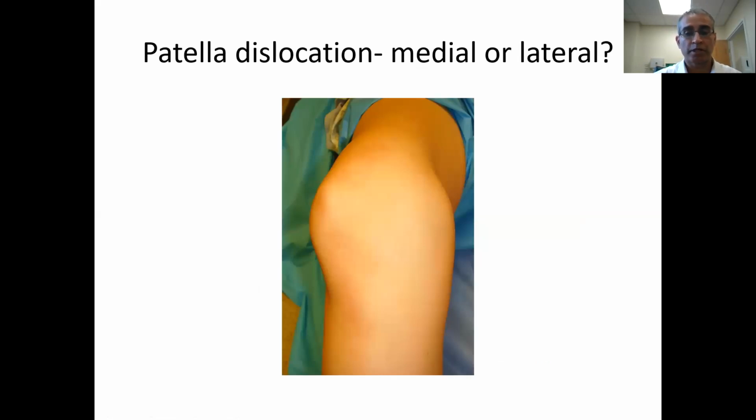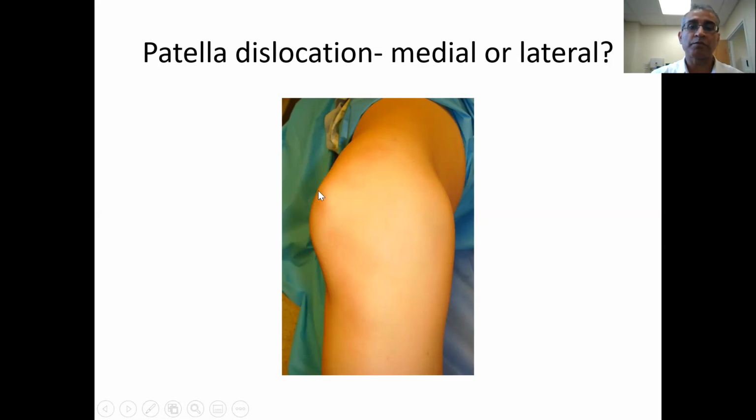If you see this picture, this is a left knee, and sometimes a patient would come and say, my patella dislocates medially. Can you tell in this picture which side is the patella? Is it this way or this side? That's the lateral side. So actually the patella is there, so it's a lateral dislocation.